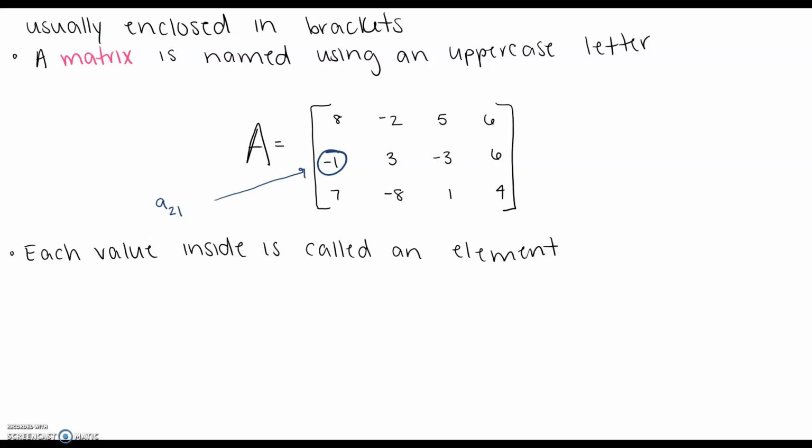So a sub 2,1: the first number is the row, second number is the column. And -8 is going to be a sub 3,2, because the row is 3 and the column is 2.